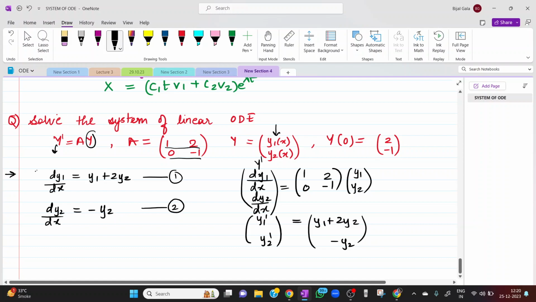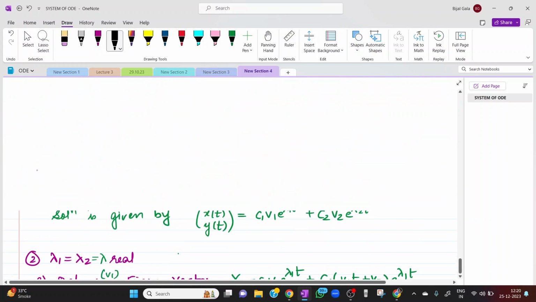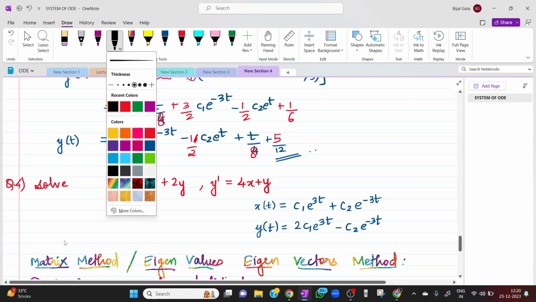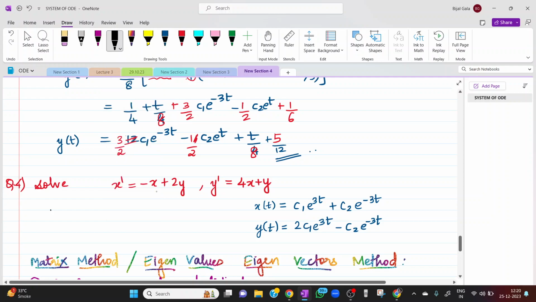So whatever we did now, you can do it the reverse way also. If I look at the previous questions, like this one which you all had solved, if I was to write this in the matrix form, how will I write it?